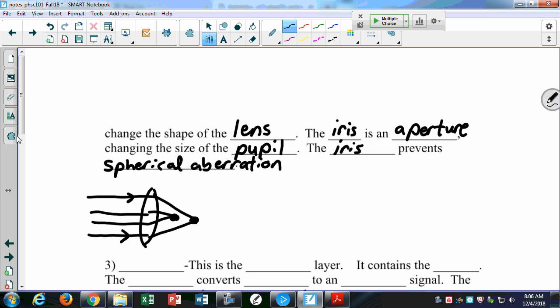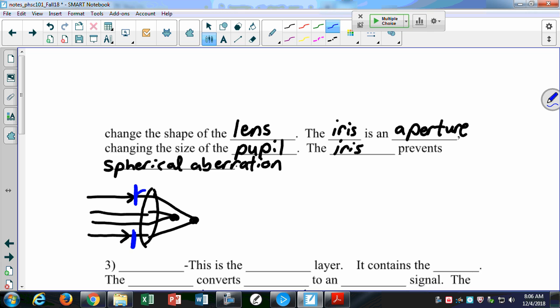So with spherical lenses, the focal point is slightly different depending upon which part of the lens you go in. With cameras, we get rid of this just by blocking the outer parts of the lens. With the eye, we do the same thing. What the iris does is block out those outer rays, and that way I don't get this separate focal point. When you have two different focal points, you get a fuzzy image: part of the image is made right here, and another part right here, and the two just don't match up.